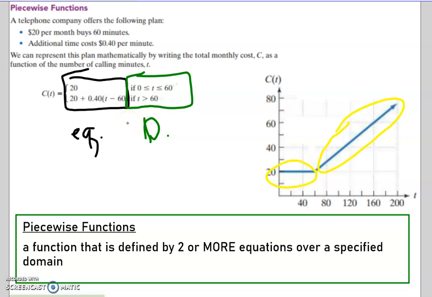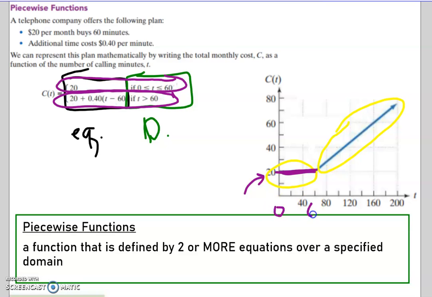So those are the two sections of this, but then this is about to get real crazy in here, because this domain fits with this equation and this domain fits with this equation. So every equation has a specific domain. And notice it makes sense. It says it's at 20 from 0 to 60. So here's 20, and from 0 to 60 on my x-axis, notice I'm at 20.